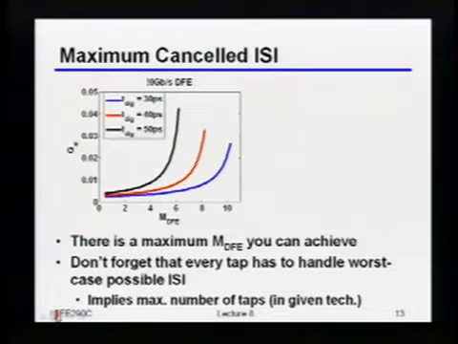There's one other thing we have to be a little bit careful about here, which we talked about in the context of the transmitter. Right now I've quantified everything as just the maximum correction that you're doing. Unfortunately, life is even worse than that.